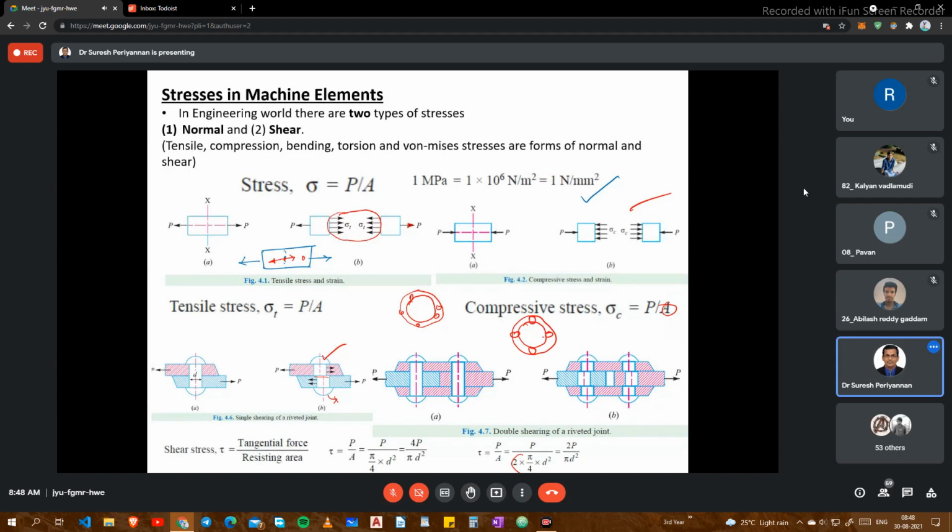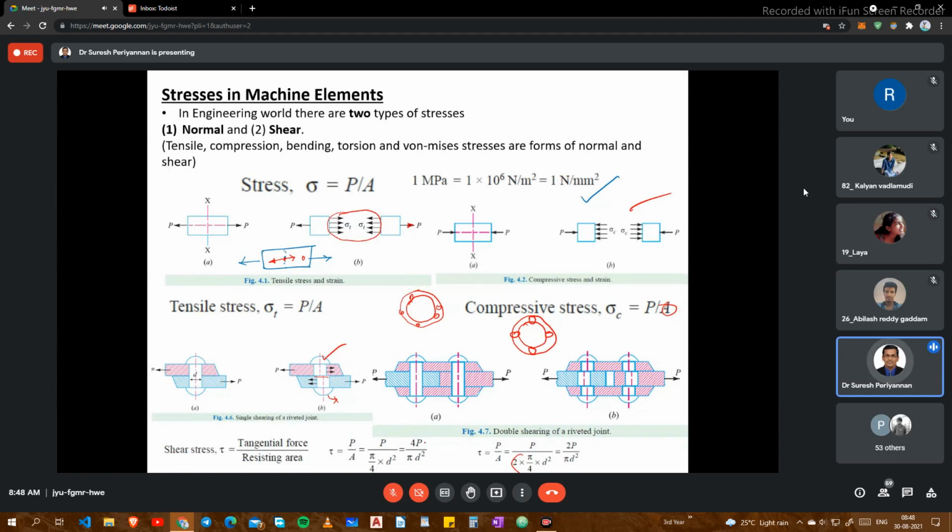Then why would more rivets be preferred for avoiding the failure, or would fewer rivets be preferred? Which one is better, more rivets or fewer rivets? More rivets, sir. Yeah, thank you. More rivets will be better.